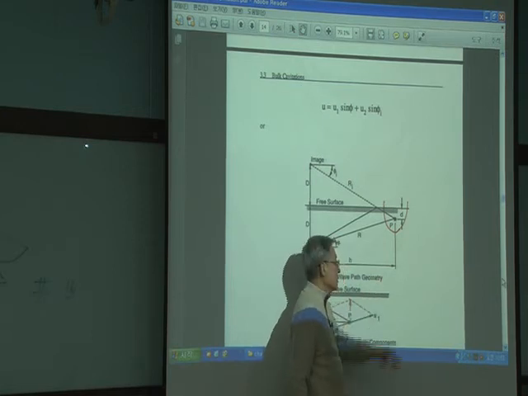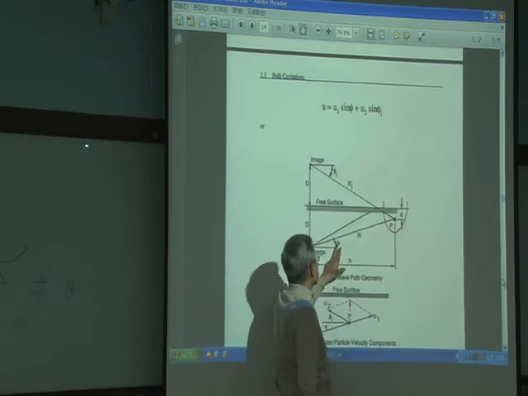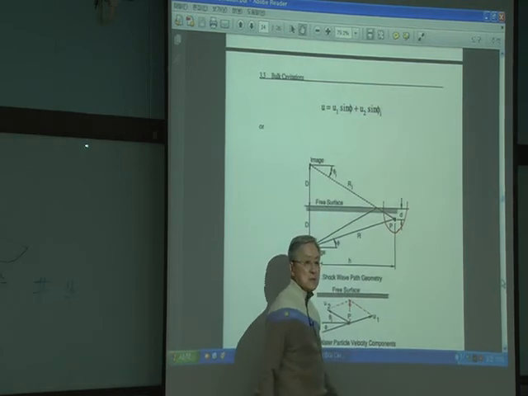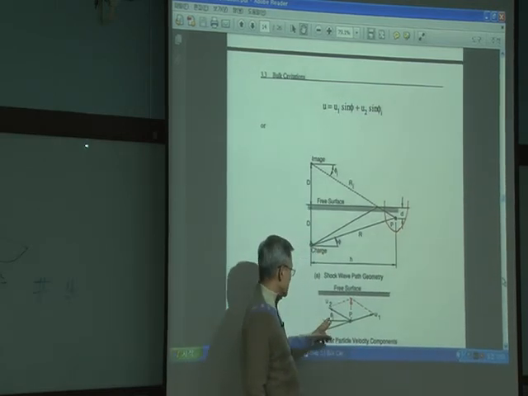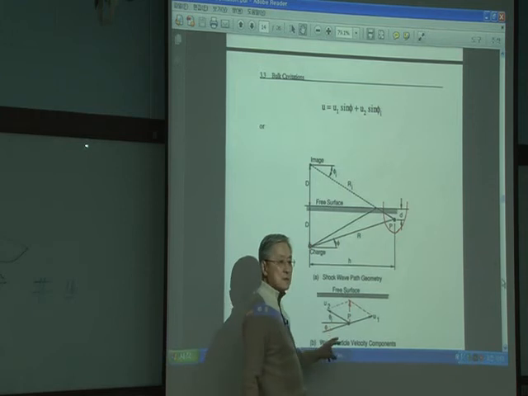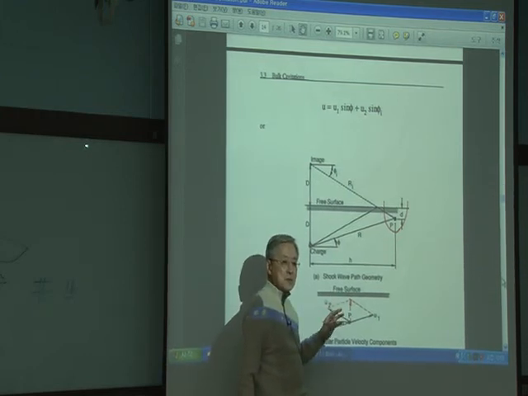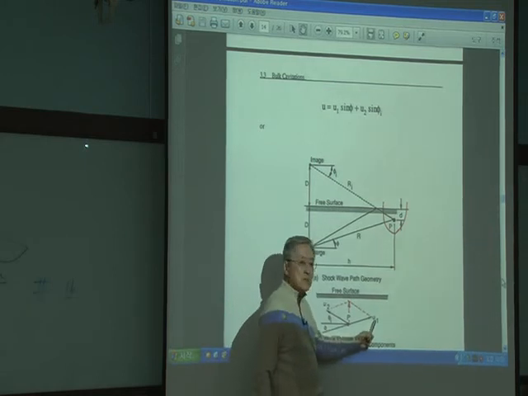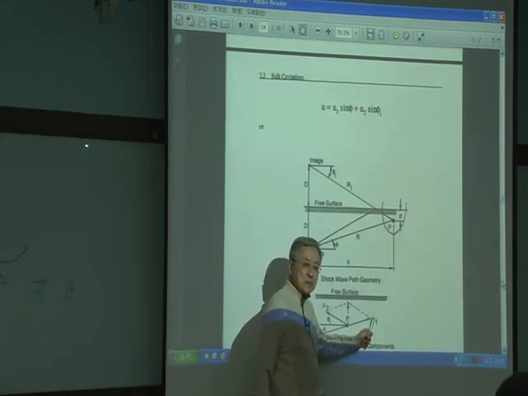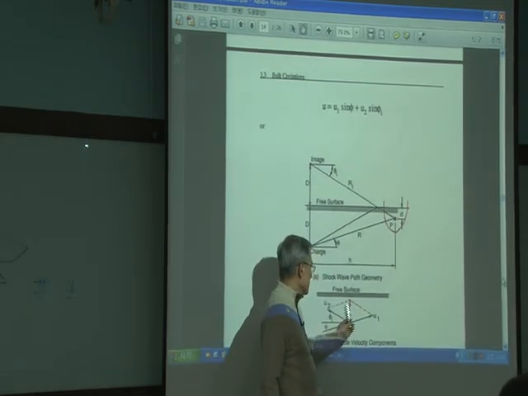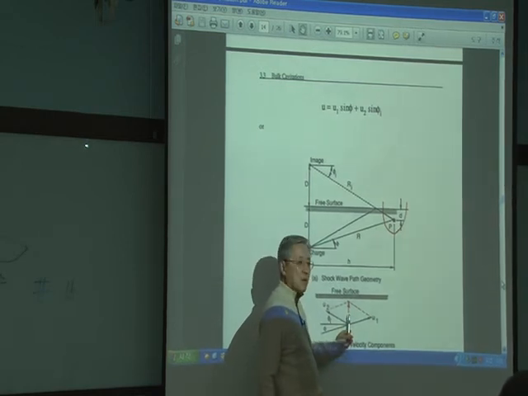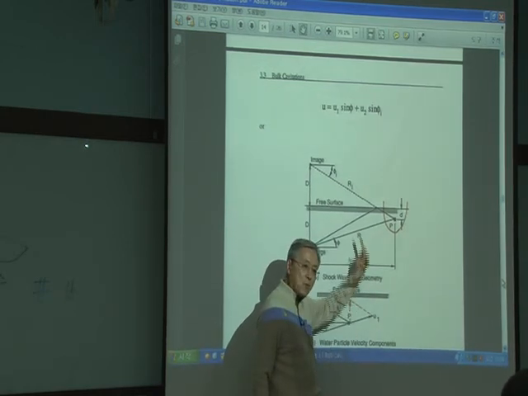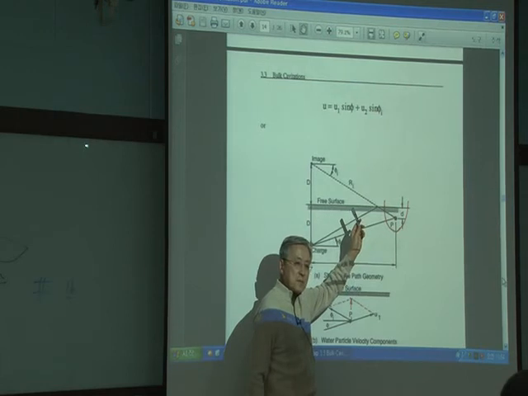It's still shallow. If it is shallow, this angle and that angle are very close to each other. What that means is U2 and U1 are about the same, which means the resultant vector always shoots toward the center.